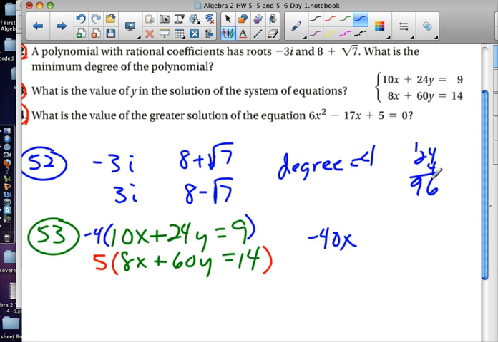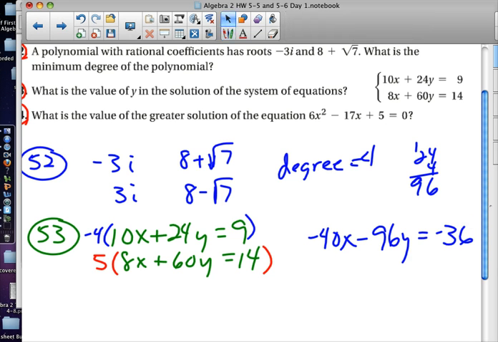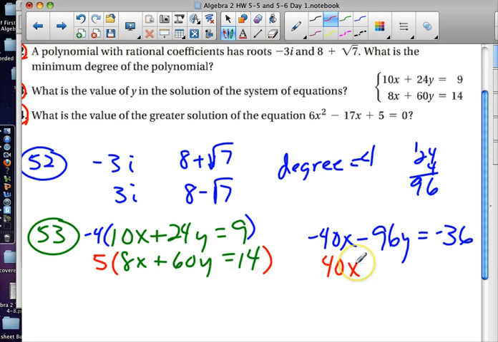So that will give us -96y. And then we'd have -4 times 9 on the other side, which would be -36, because what you do to one side of the equation, you have to do to the other. You do not get a choice. On the bottom, we'll have 5 times 8 is 40x, and that's great because that's going to drop right out there, plus 300y. And then we'd have 14 times 5, which is going to give us 70.